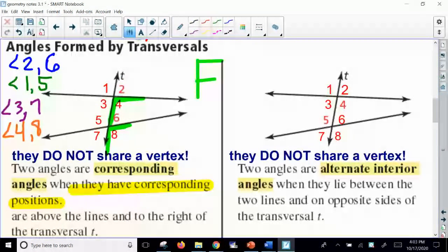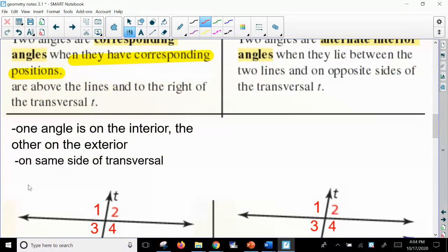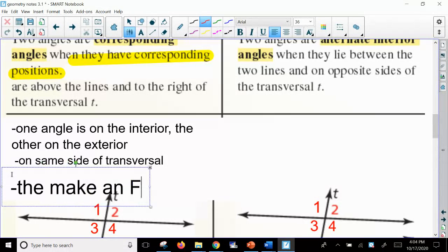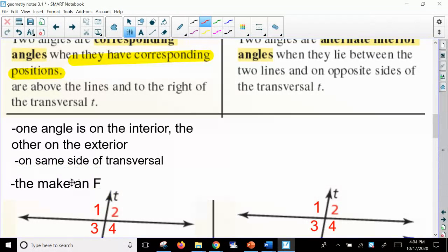So when I look for corresponding angles, I look for two angles that make the F. One angle is in the F, and one angle is right up underneath it, like that. So I'm also going to add that they make an F.